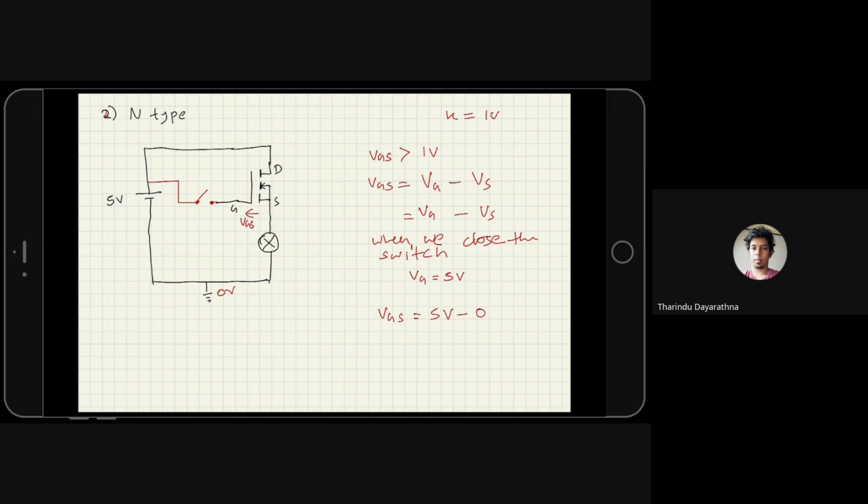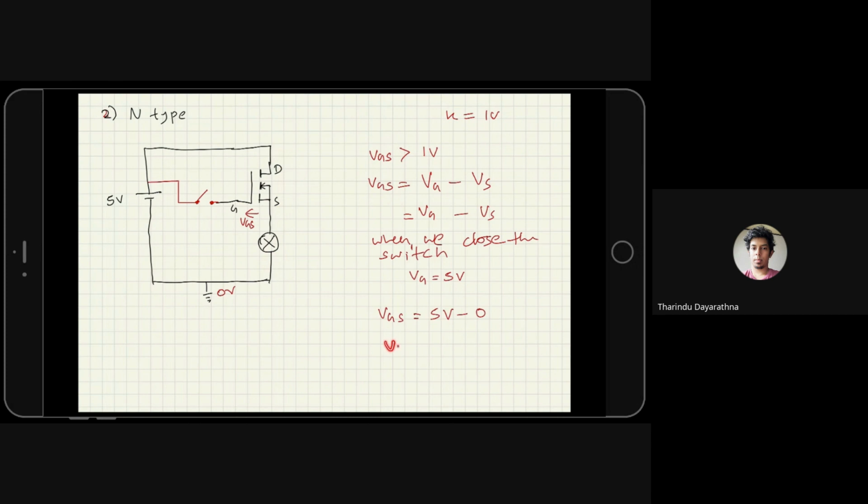Now there will be a problem, because if that is the case, this will turn on, which means we will have almost 0 ohm resistance here, which means 5 volt here will appear here. So VS becomes 5 volt now.